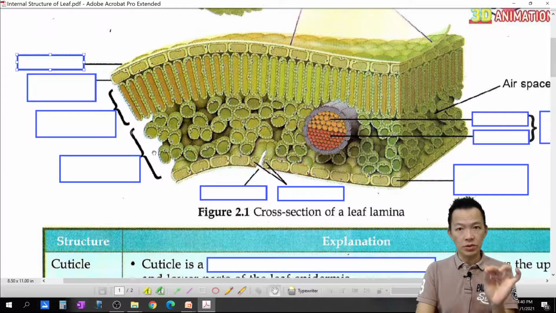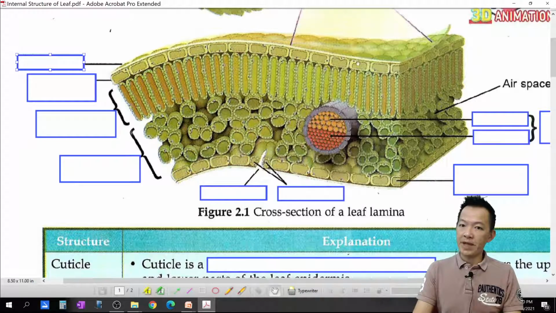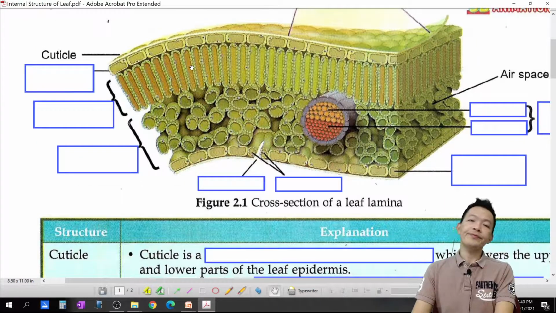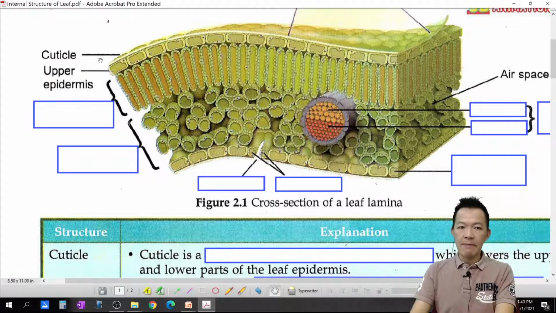It is not a cell. Our cuticle actually is a wax produced by upper epidermis cells. Upper epidermis is the topmost layer of cells, so this layer is called cuticle.